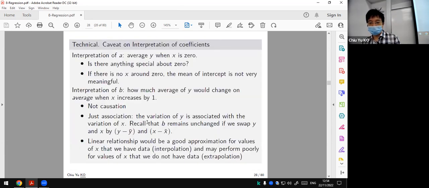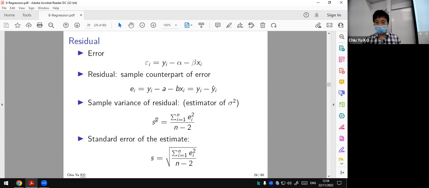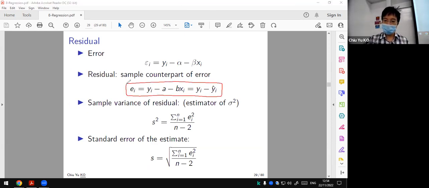So how to measure it? Last time we said we do the counterpart of the regression. You basically run the regression, get A and B, and compare the real data to your model.